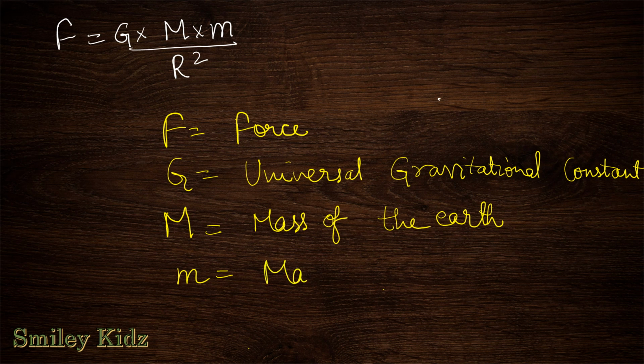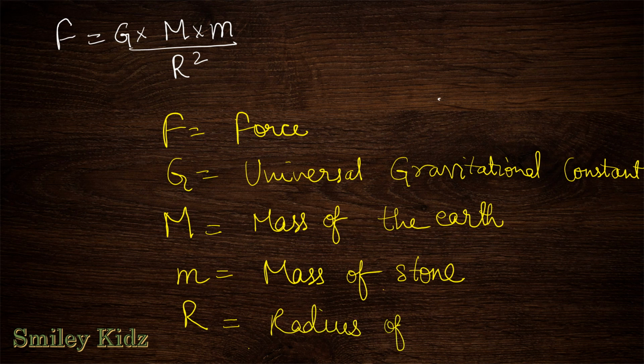Let's consider the small object as some stone. And now what is r? R is the radius of the earth.